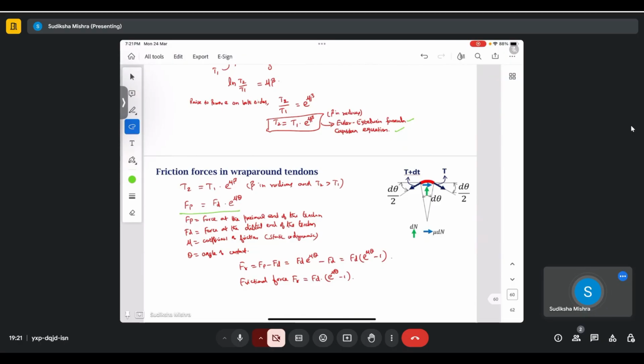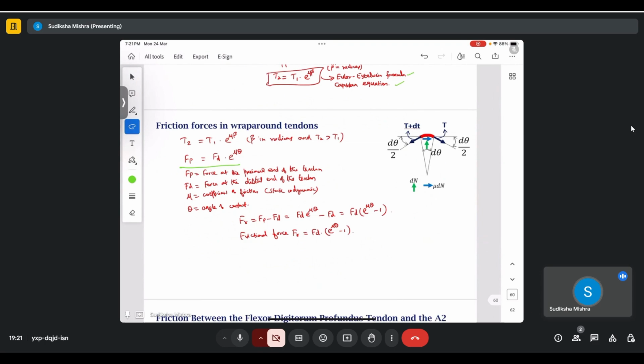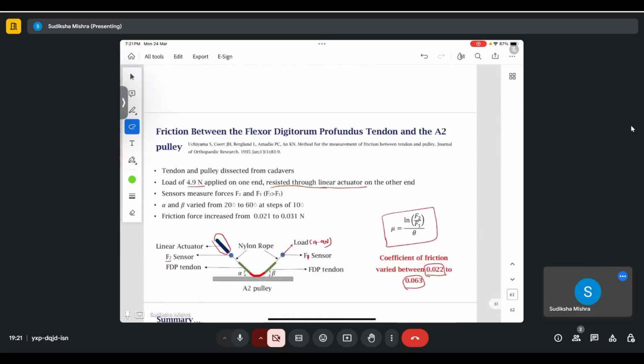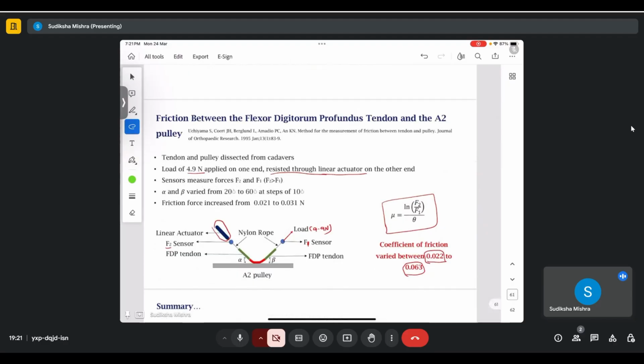You can further denote this in this formula, where Fp is the force at the proximal end of the tendon and Ft is the force at the distal end of the tendon. So the frictional force finally will be this value, Fd, Fp, F proximal minus F distal, which will result in a formulation like this.